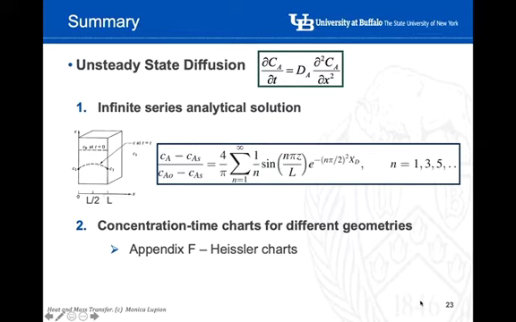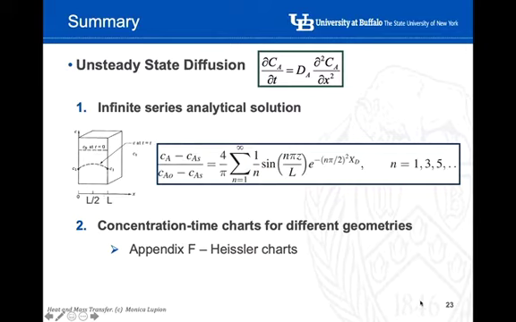So in summary, in this lecture, we covered the general expression for unsteady state diffusion, which is boxed here in a green line, and we saw that there are 2 different approaches to solve this general expression.